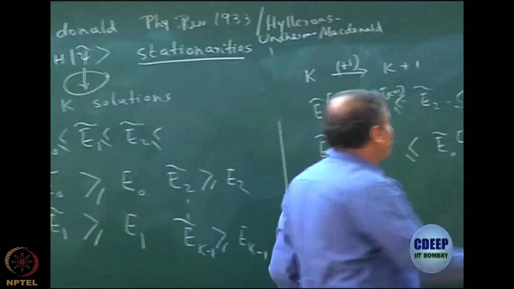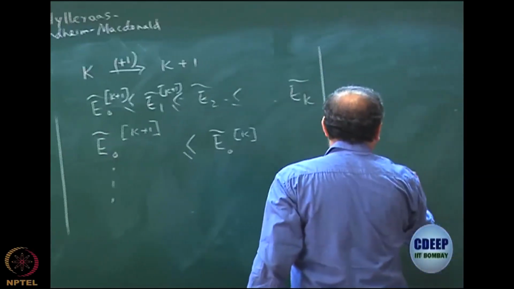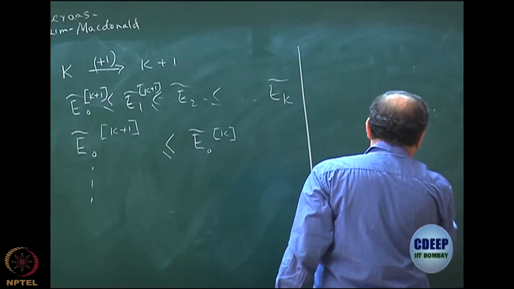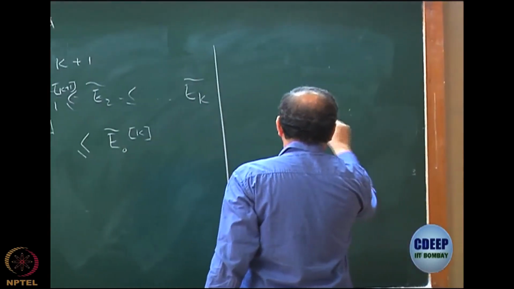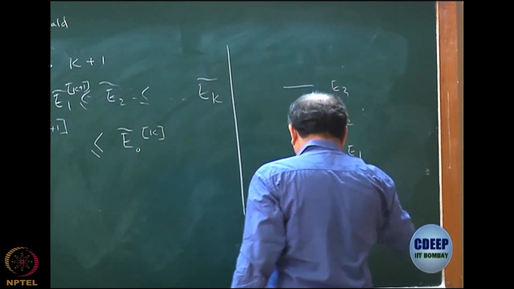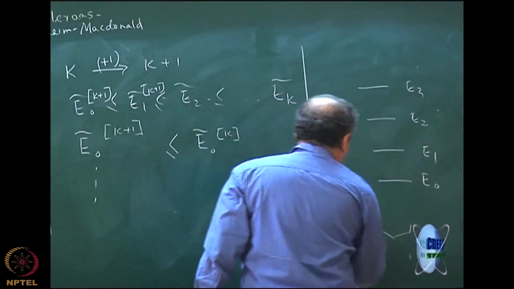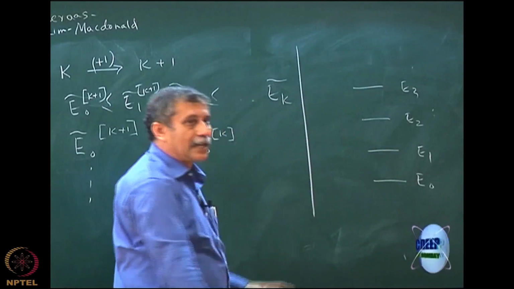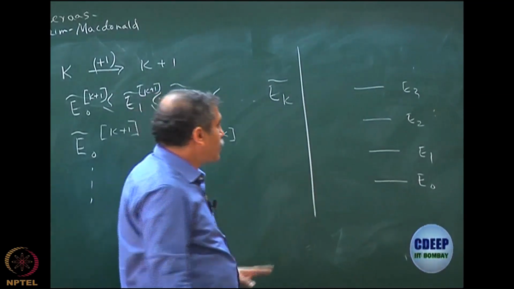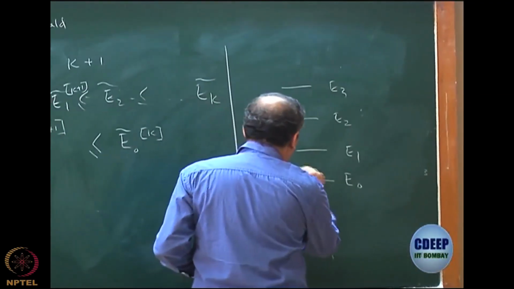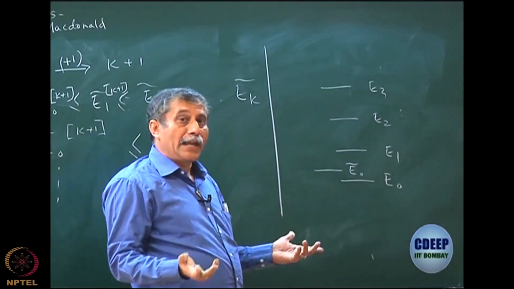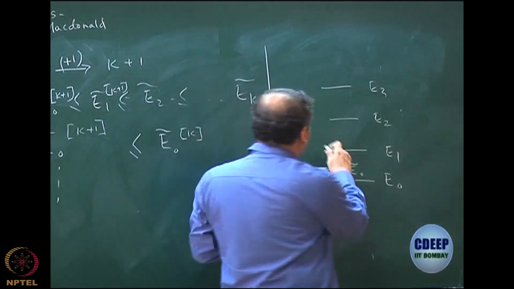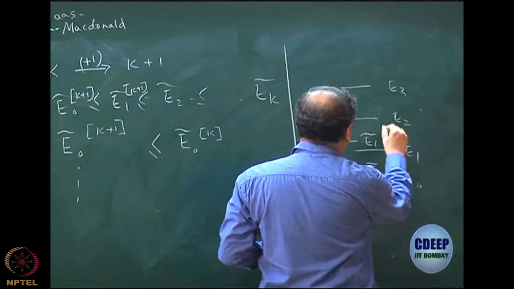So what does this together mean? So this is my E naught. Let me just do a simple calculation. This is my E1, this is my E2, and this is my E3. Let us say initially I do a 3-dimensional calculation. So I will get my E naught tilde somewhere here. I will get an E1 tilde, which must be higher than this, somewhere here.